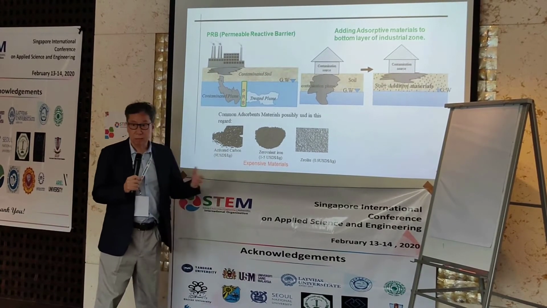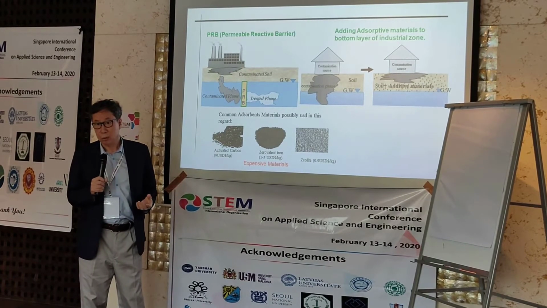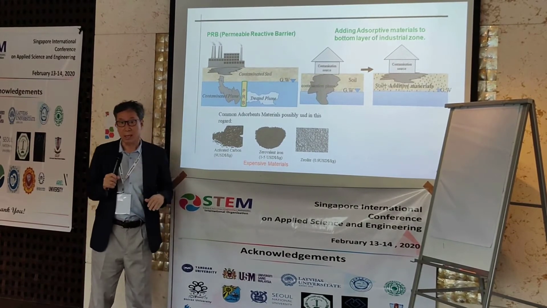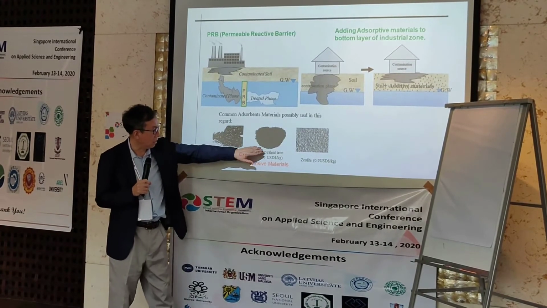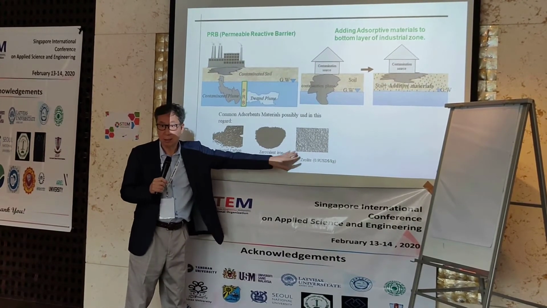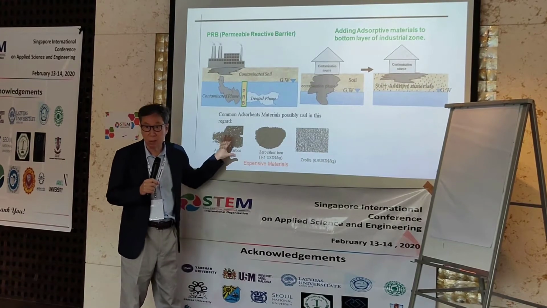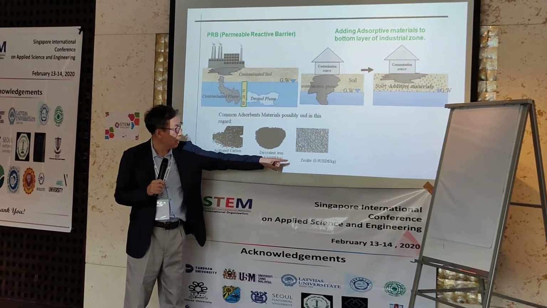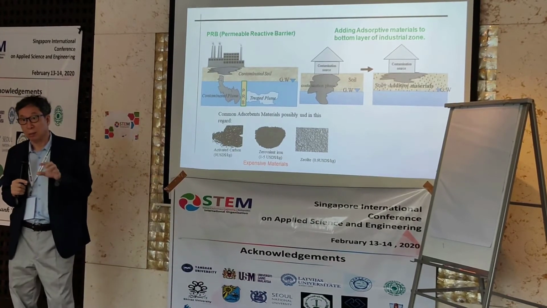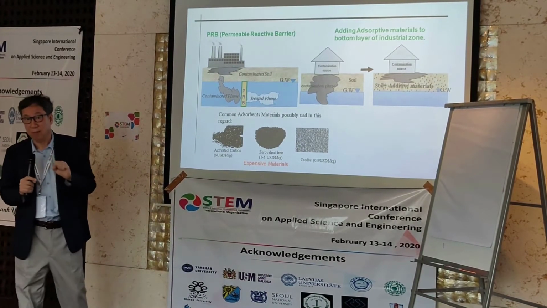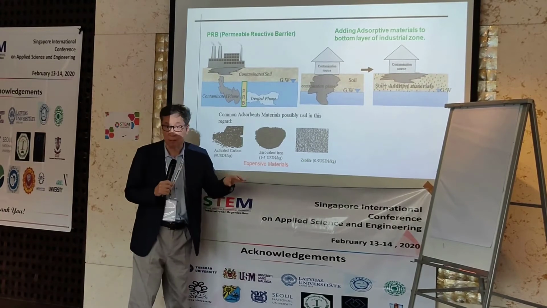They can do some reductive dehalogenation so that they can reduce halogenated hydrocarbons very easily. And also zeolite. These are pretty common materials we are using these days. Zeolite is very good for cation exchange capacity, so it can easily catch the heavy metals in the subsurface.